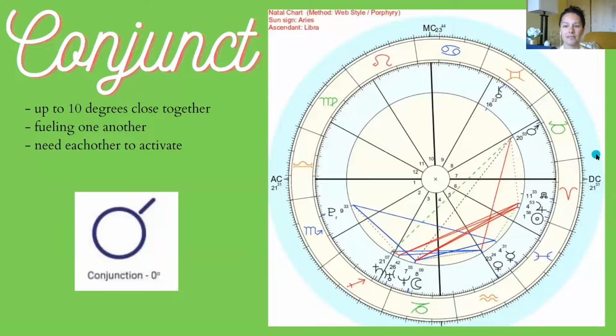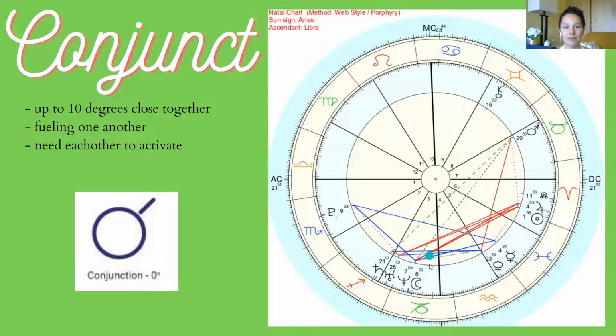So the aspects. Let's start by looking at the chart here. This is my chart. I'm an Aries, so I like to talk about myself. So I thought it was the perfect opportunity to show you my chart and share what I know about it, and teach you how to read the aspects through looking at this specific conglomerate of planets that is unique to me.